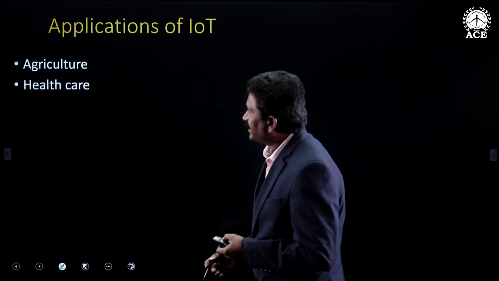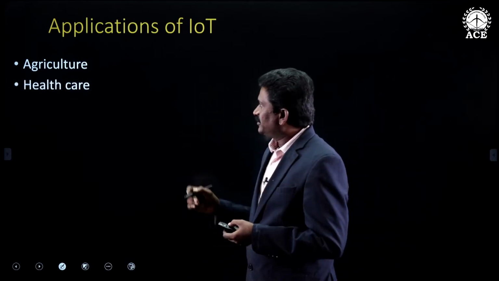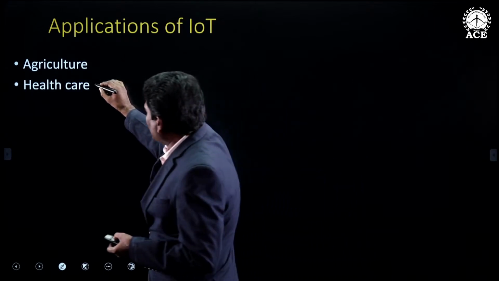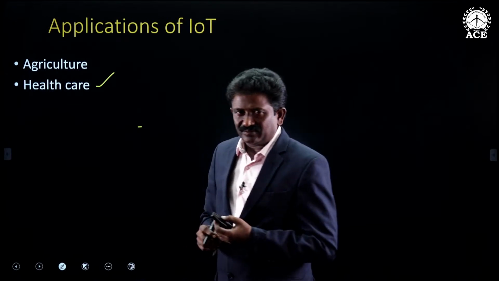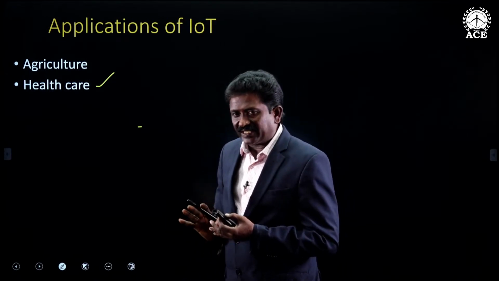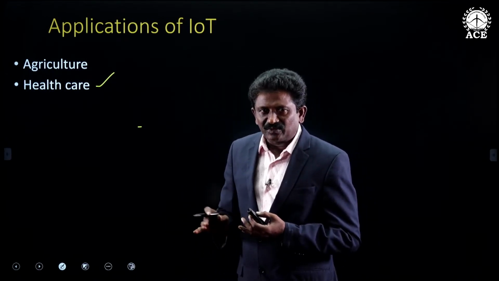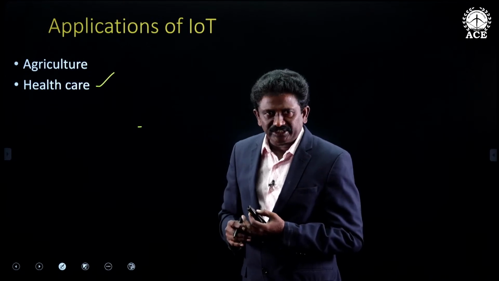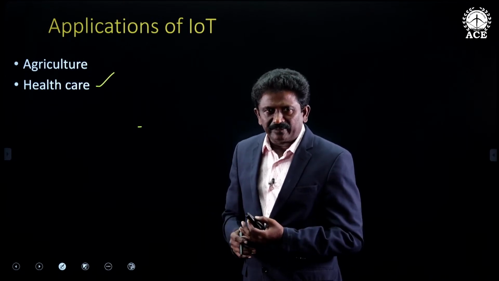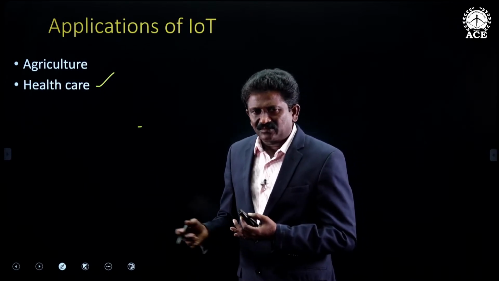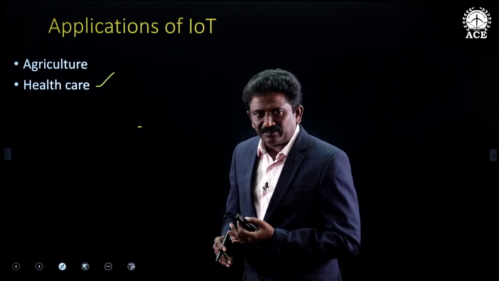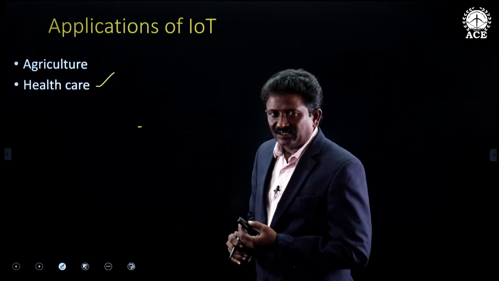Next one, healthcare. With the help of IoT devices, you can monitor the condition of our health, for example heart position, blood pressure, and so on. Many devices are there, and with their help we are able to monitor our health.